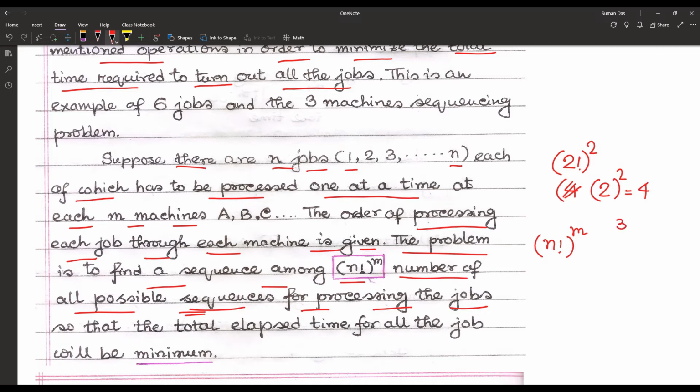Suppose there are 3 jobs and 2 machines, then it may be 6 squared, that is 36 possible sequences. Among all these possible sequences, finding the one with the minimum total elapsed time for all the jobs is the motto of our job sequencing problem.